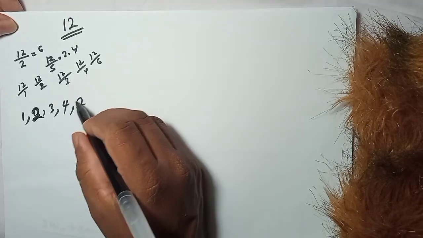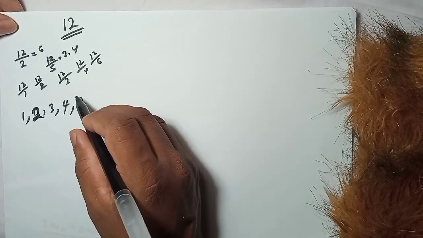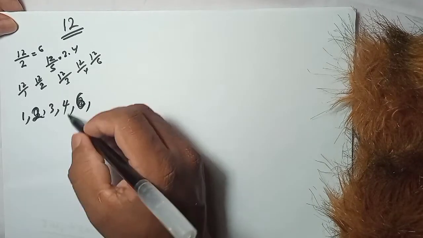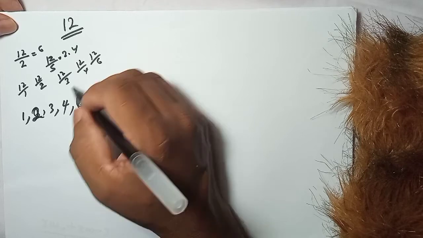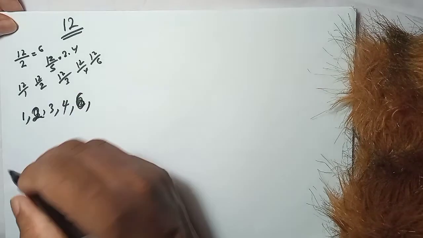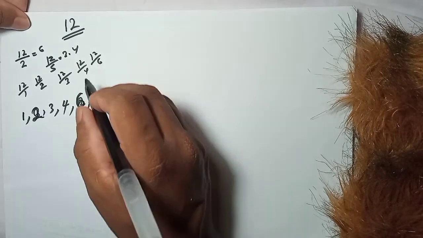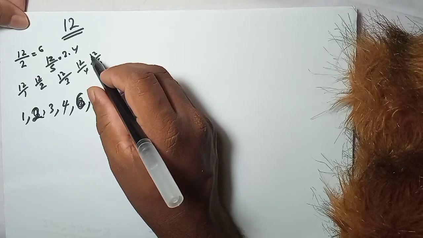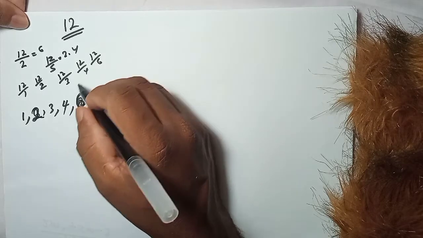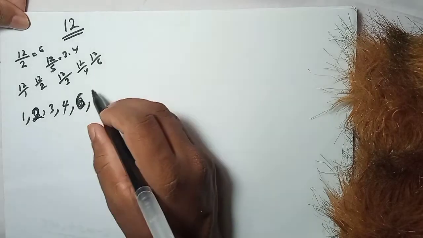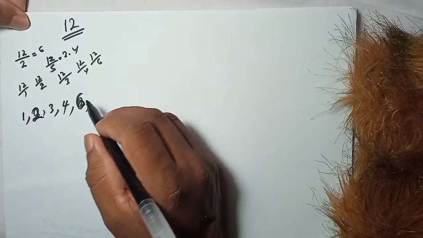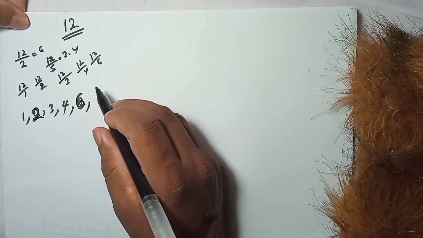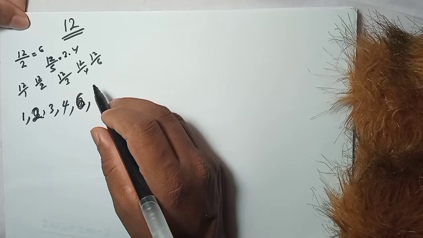So 6 is a factor of 12. Here you don't need to get the answers, just check the division. Then 12 divided by 7, you can't divide, so 7 is not a factor of 12. 8 gives a decimal answer. 9 and 10 you can't, decimal answers. 11, can't.